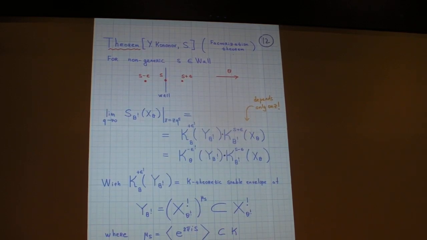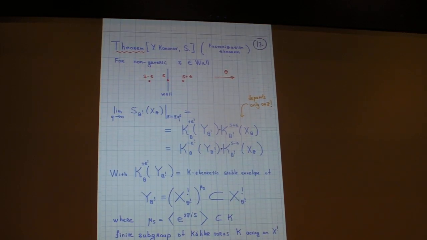And so we studied this more general situation with Yakov Kononov. Again, we wrote a couple of papers about that, but this whole story in one slide is the following. Let's say you take a non-generic slope. So you want to take a slope on a wall, and more precisely, let's consider the following picture.